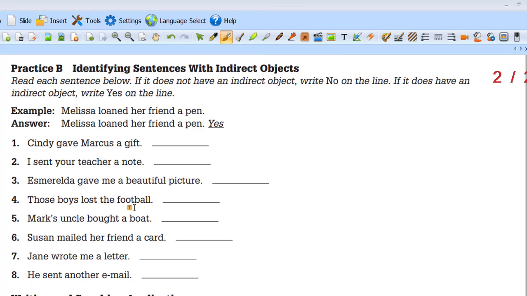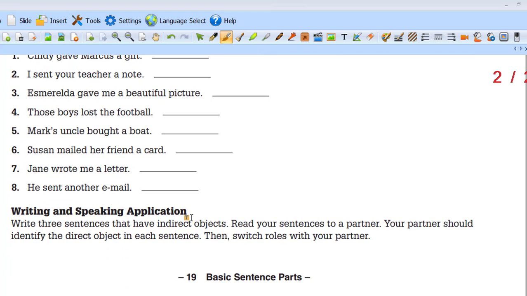Number 4, we only have the direct object, football. Number 5, we have boat. We don't have any indirect object. Number 6, we have here direct and indirect object. But here number 7, me, indirect object, and email, direct object. So we have here only a direct object.